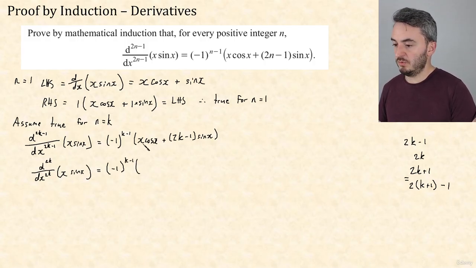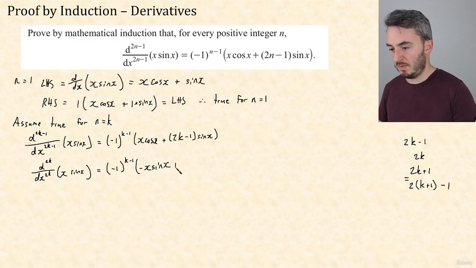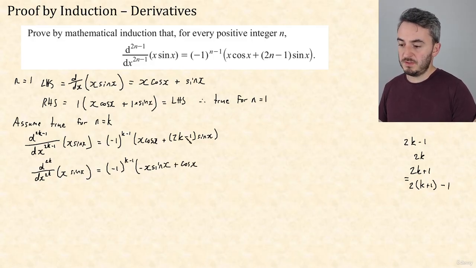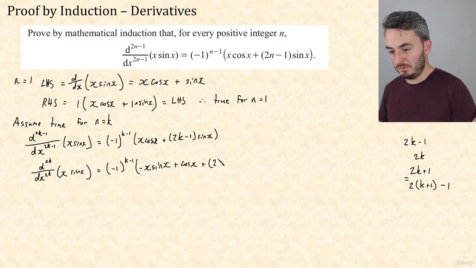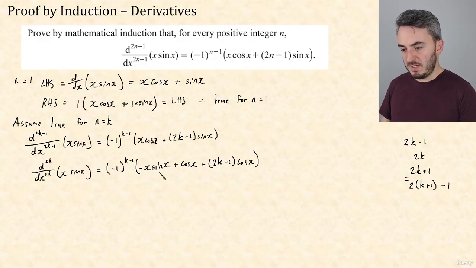So it's product rule here, uv, so it's uv dash, so minus x sine x, and then plus u dash v, so that's plus cos x. And then all of this, well, it's just a multiple of sine x. When I differentiate that, I get the same multiple, 2k minus 1 of cos x. Should we neaten this up?